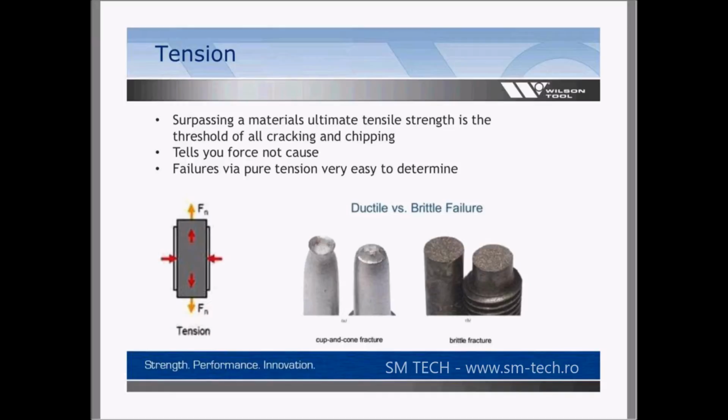Sometimes you have safety features built in where that brittle failure is what you want to see, and if that's the case, going to a higher steel, like a 10B, a little more wear resistant but not high in the toughness and the compressive strength, would be a way to go. If you are looking for more of a ductile response, an S7 or an A2 gives you that opportunity.